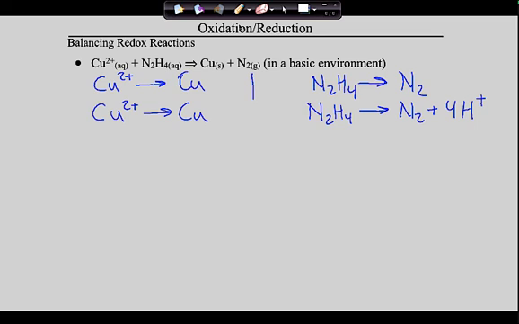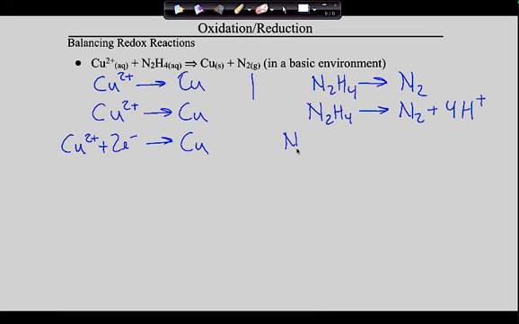So now, guys, we've got to balance the charges by adding electrons. This side's +2, that side's 0. So this will be Cu2 plus 2 electrons yields Cu. And then, guys, here we've just got that +4 charge on the right.